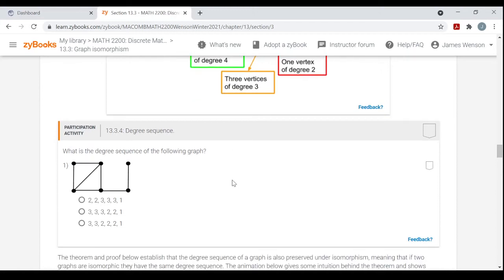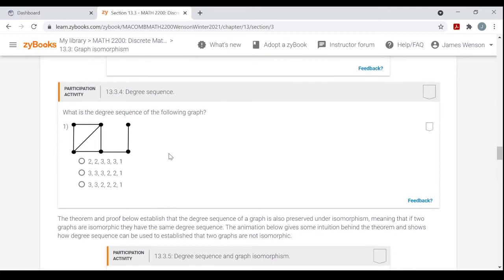All right. So for example here, what is the degree sequence of this graph? Let's see, you got a 2, a 3, and a 3, another 3, and a 2 and a 1. So you have 3 3s, 2 2s, and a 1 for the 6 vertices.